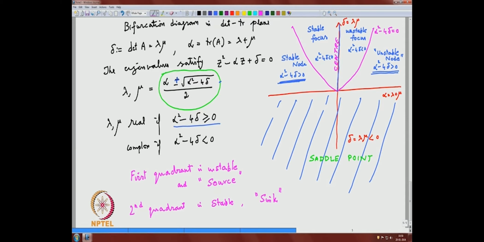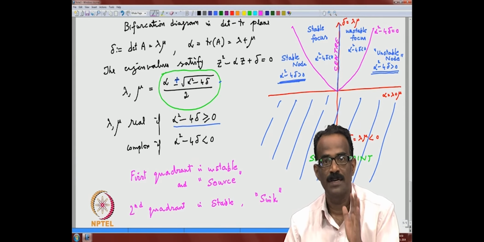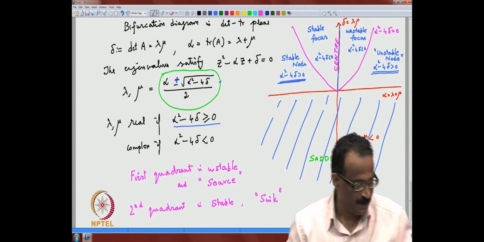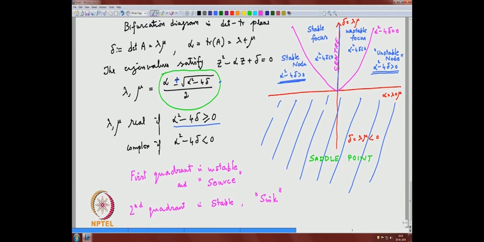So, this gives you a complete picture. You do not have to think in a determinant trace plane, you can completely understand where your stability and instability is happening, where it is saddle point, where it is node, where it is focus. Of course, we are in an easy situation of 2 by 2, and hence you have the complete picture.